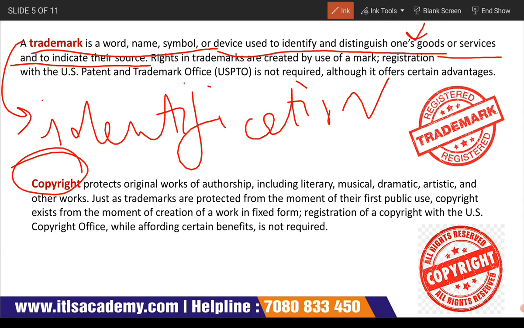Just as a trademark is protected from the moment of its first public use, copyright is protected from the moment of the creation of the work. The moment the work is created, it is protected from others.